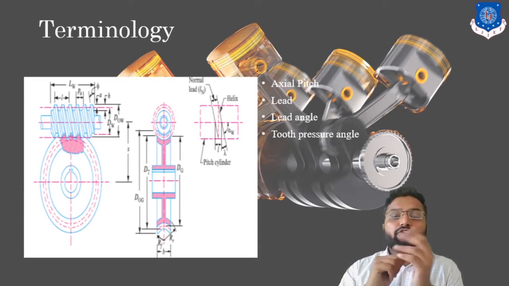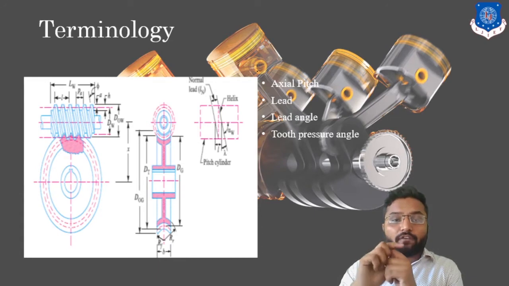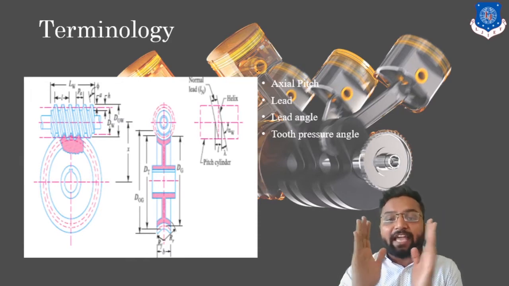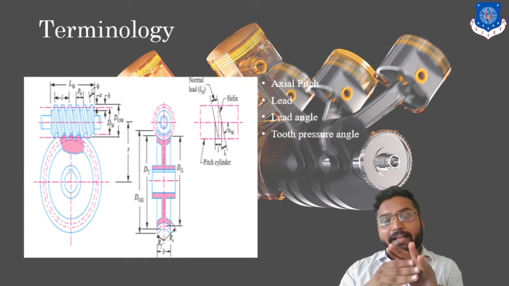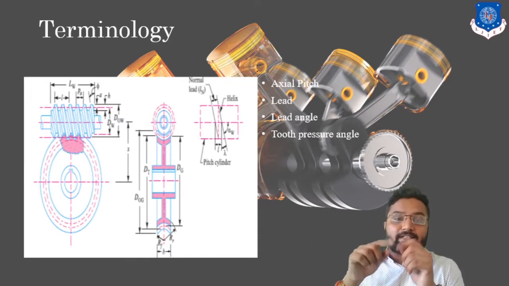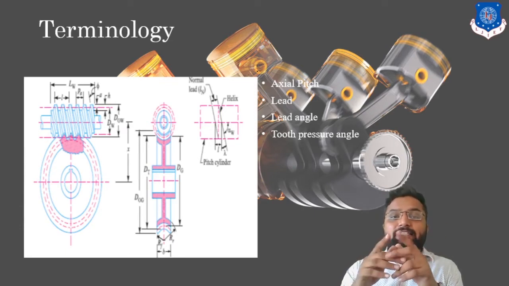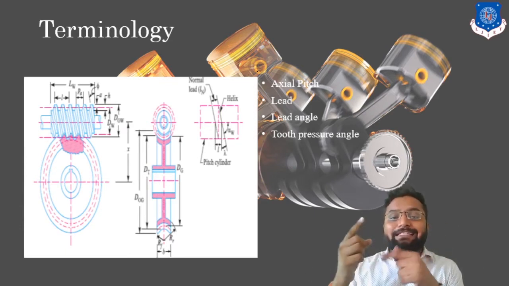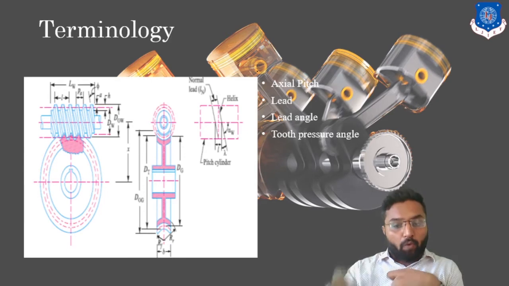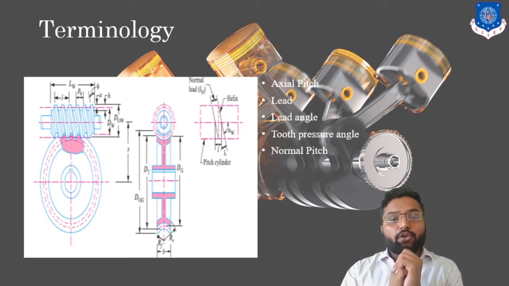Third one is to determine the tooth pressure angle, the teeth pressure angle of our worm and worm wheel when they are in contact. This angle is a teeth angle rather than the angle made by teeth with its own axis. This teeth angle is the angle of worm and worm wheel with each other, clear? Next one is normal pitch.